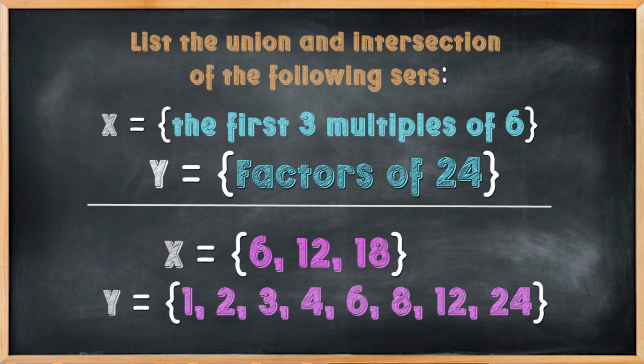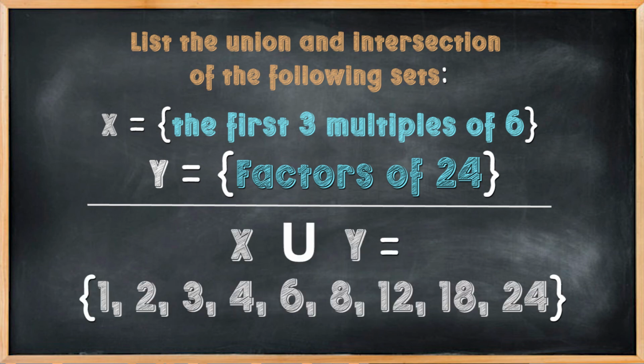So, X union Y, which means we are joining the members of those two sets together, is 1, 2, 3, 4, 6, 8, 12, 18, 24.